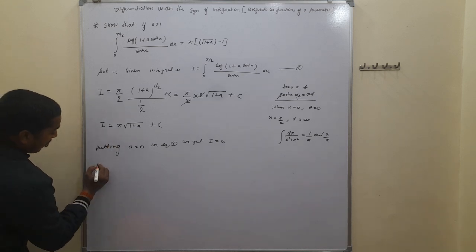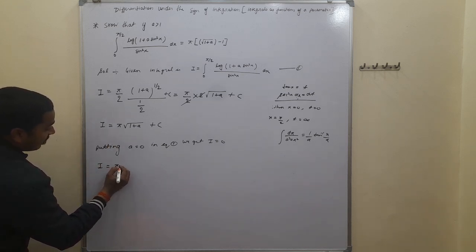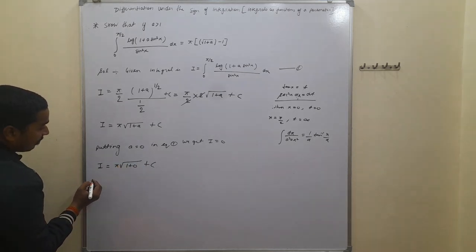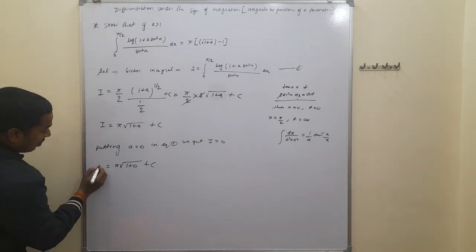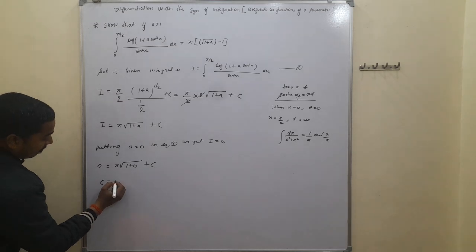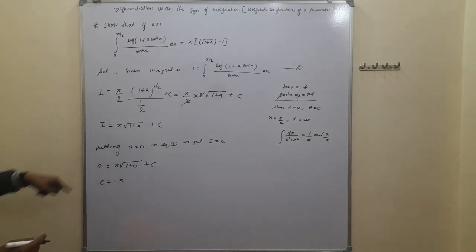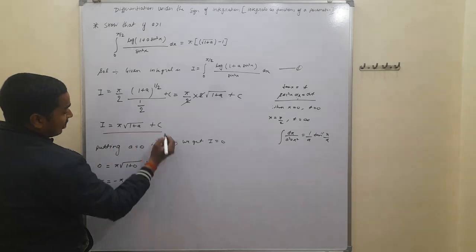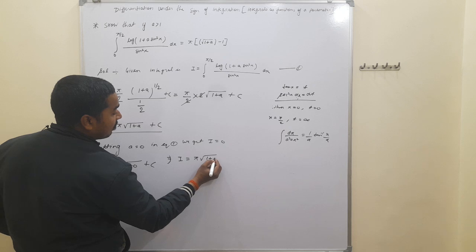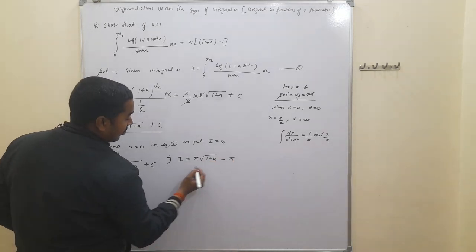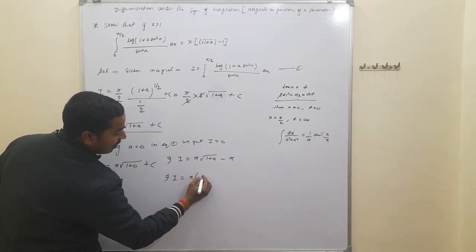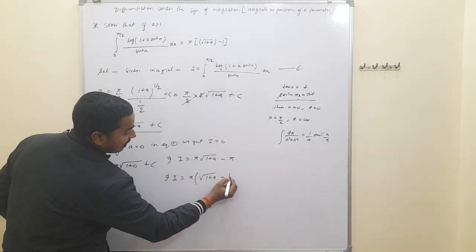From here I is equal to pi under root of 1 plus 0 plus c, and I is also 0, so we put 0 and find the value of c, that is c is equal to minus pi. Putting the value of c here, I is equal to pi under root of 1 plus a minus pi, and from here pi is taken common, that is pi times under root of 1 plus a minus 1.